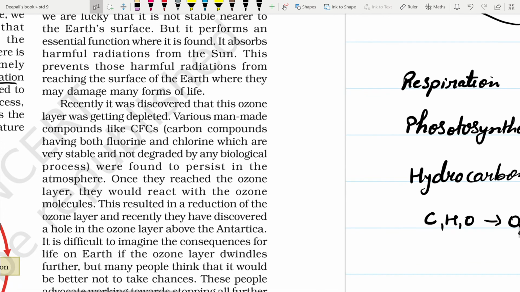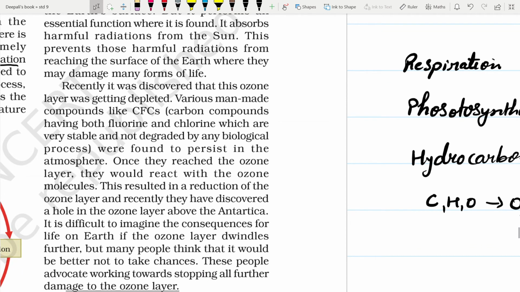Recently, it was discovered that this ozone layer has been depleted, meaning it is broken down or becoming thinner. Various man-made compounds like CFC, that is carbon compounds having both fluorine and chlorine, which are very stable and do not degrade by any biological processes, were found to persist in the atmosphere.